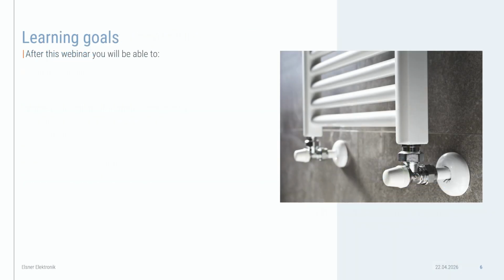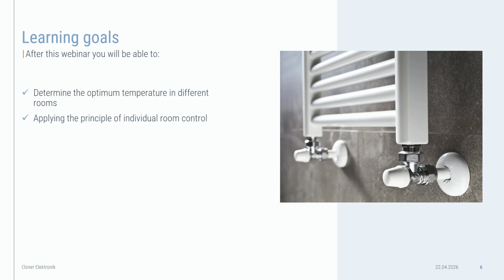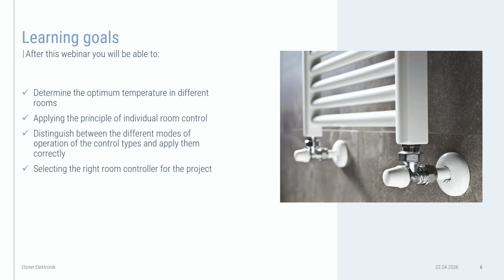So our learning goals after this webinar: you will be able to determine the optimum temperature in different rooms, applying the principles of individual room control, to distinguish between the different modes of operation of the control types and apply them correctly, and to select the right room controller for the project.